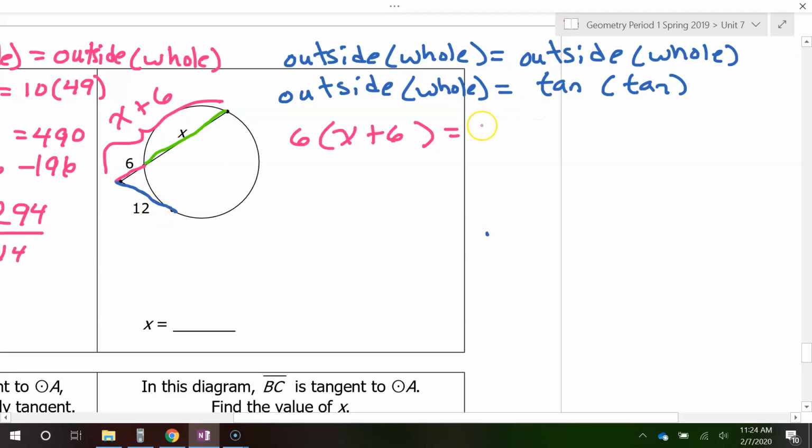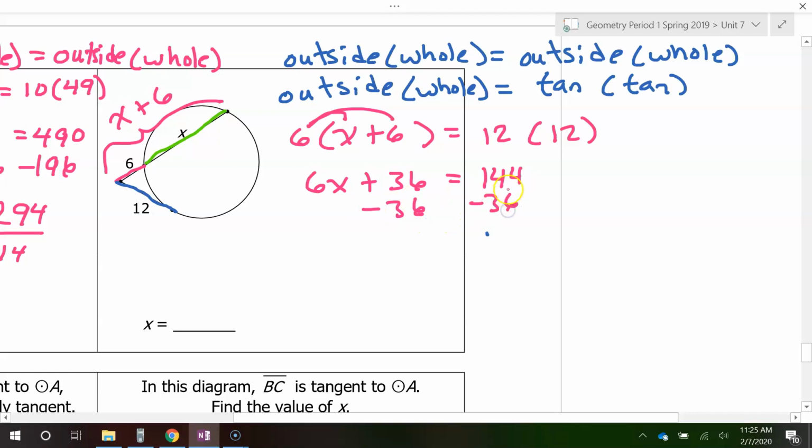And then comes the tangent segment. So again, the 12 is the outside part and the whole. So let's do the distributive property. So that will give us 6x plus 36 is equal to 144. Now let's subtract 36 from both sides.